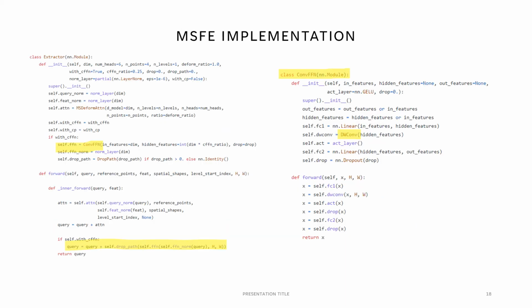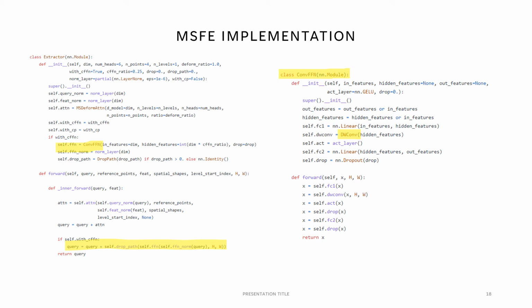The result is the spatial priors that will be fed into the following feature interaction block. The multi-scale feature extractor uses the same multi-scale deformable attention as previously described. It then feeds the result into that feed-forward network. The convolution feed-forward network consists of a depth-wise convolution, which is a type of convolution that has fewer parameters and therefore takes less computational power and is less prone to overfitting.